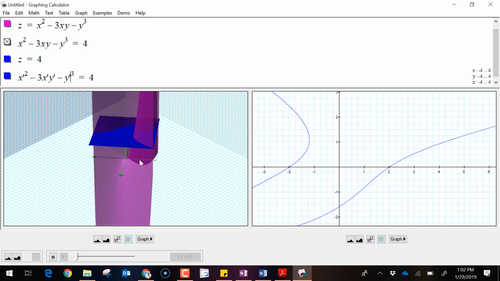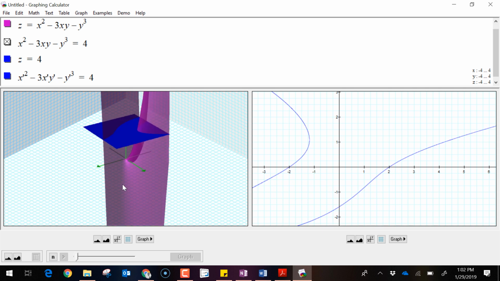If you imagine the surface, and then you find the intersection of the surface with the plane z is equal to 4, then this is the intersection that you would see. So now we're back in 2 dimensions. Now we can express this thing in 2 dimensions.